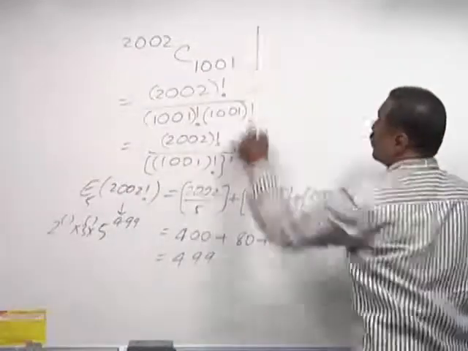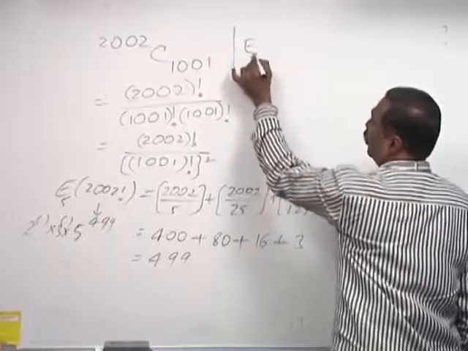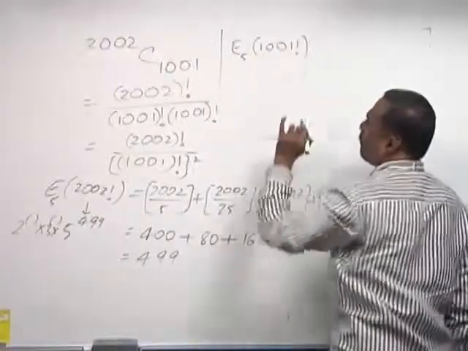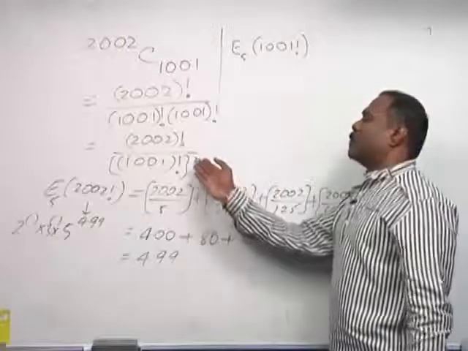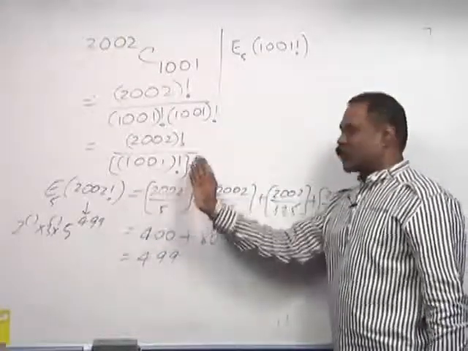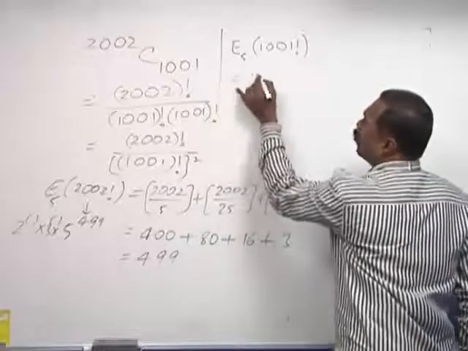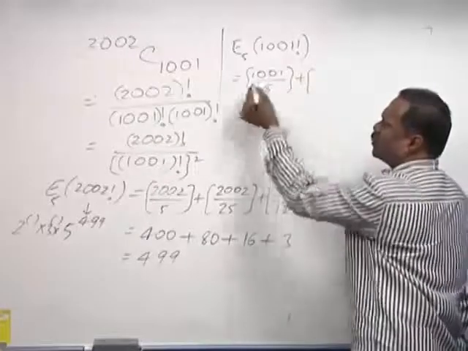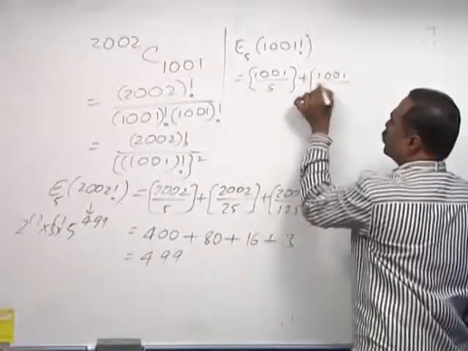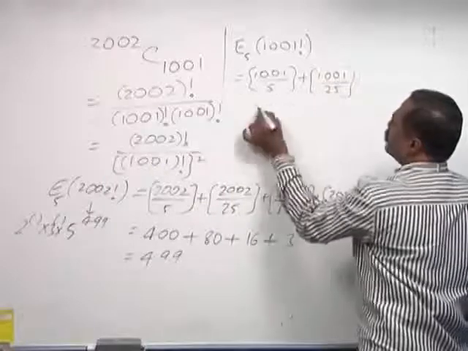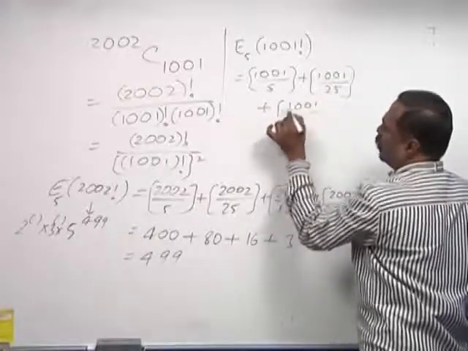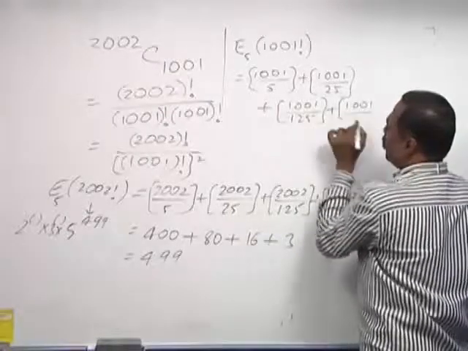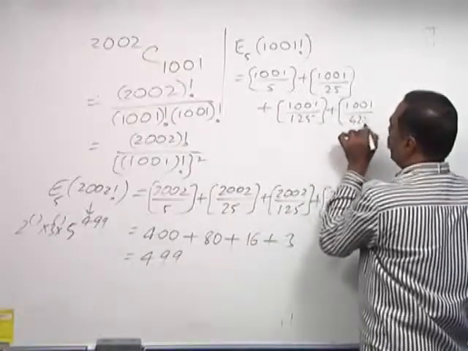Similarly, you can try for the exponent of 5 in 1001 factorial. And of course, you can multiply with 2 because the square is there. So in this case, what happens? 1001 upon 5 step off, 1001 upon 25 step off, 1001 upon 125 step off, 1001 upon 625.